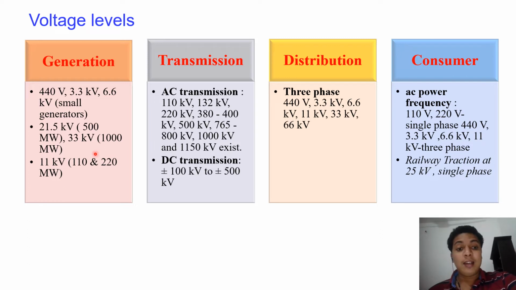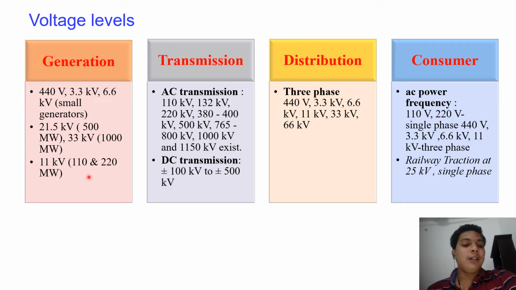This is very high capacity. The first set is very small generators, and most of the generators are of the 11 kV type, 110 and 220 megawatt, right?